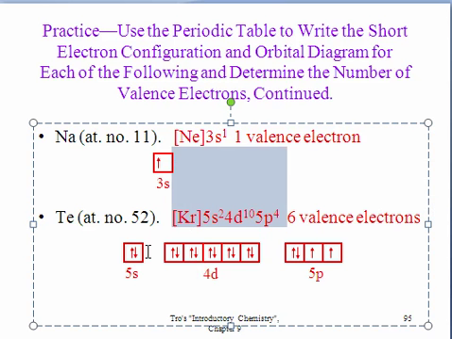But only our 5s and our 5p are going to be considered our valence electrons. Even though the d is close in energy, it's just always the highest energy level. And taking a look at that orbital diagram, we see that tellurium has 2 unpaired electrons. Because remember, we want to keep our electrons unpaired as long as possible.